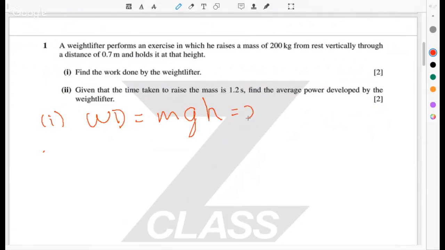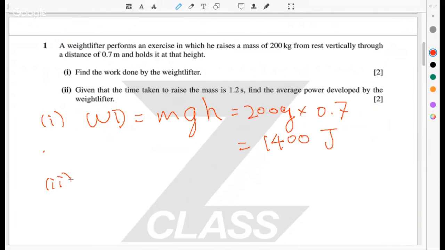So that will be 200 g times 0.7. And if you take g to be 10, we'll get 1,400 joules of work done.